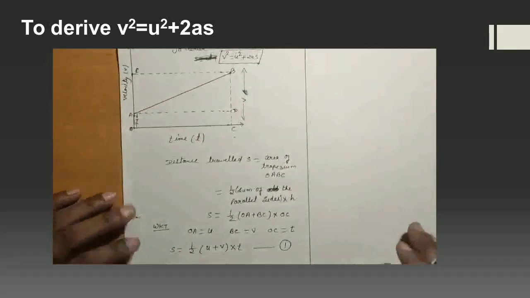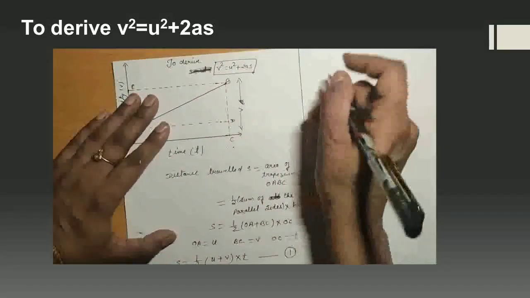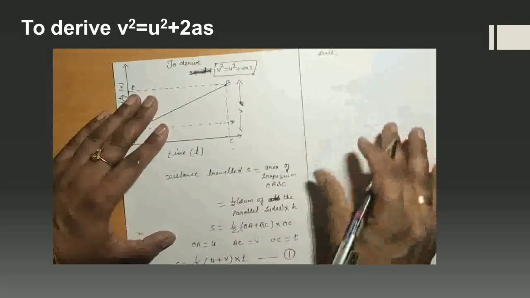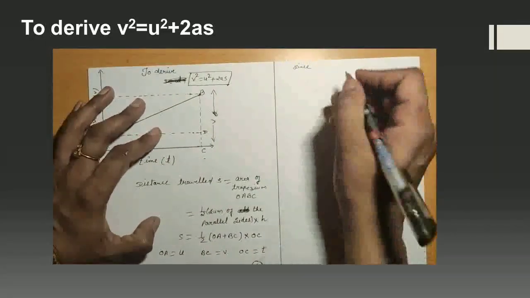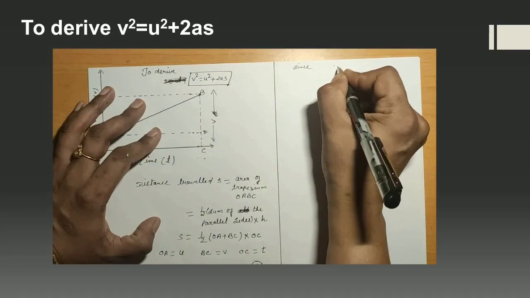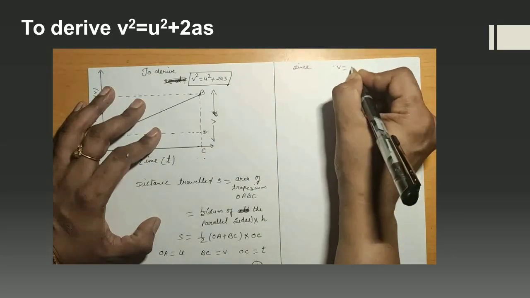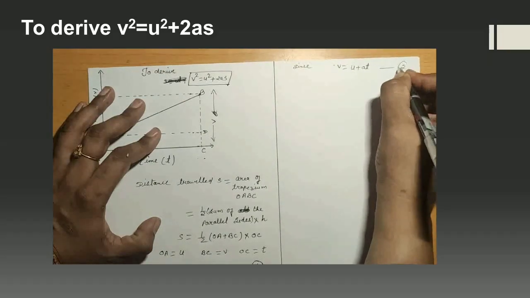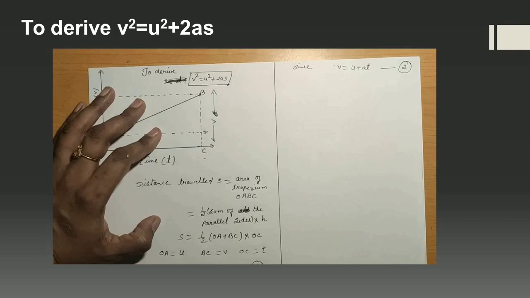Now, as we know, from the first equation of motion, V is equal to U plus AT. It will be equation 2. Clear?